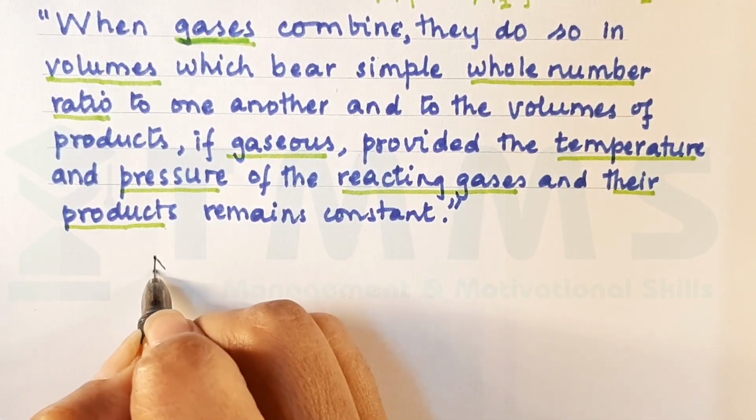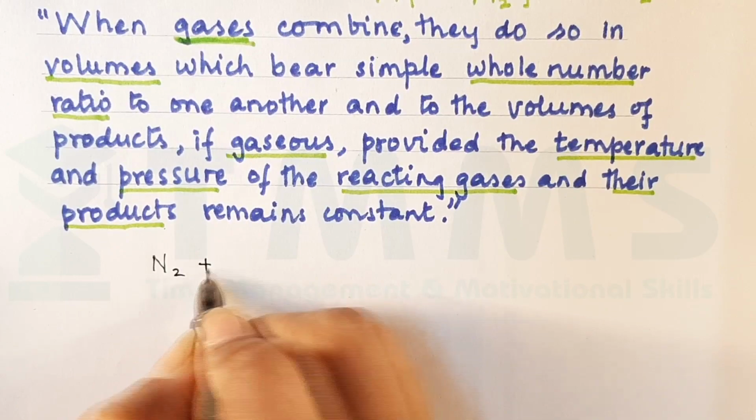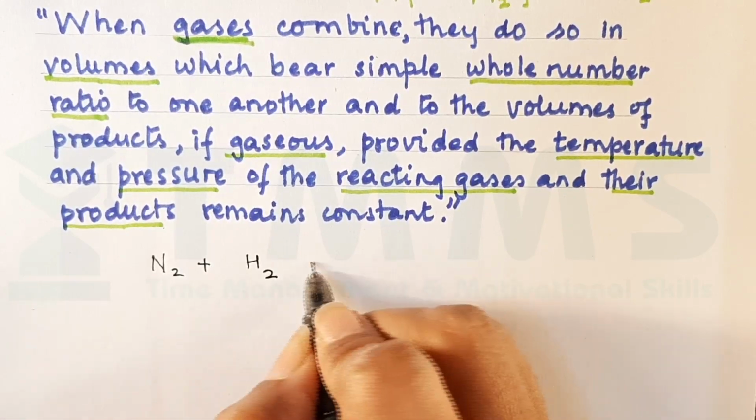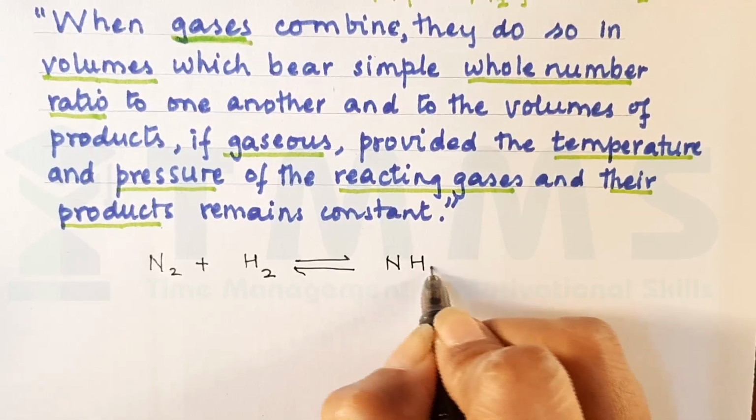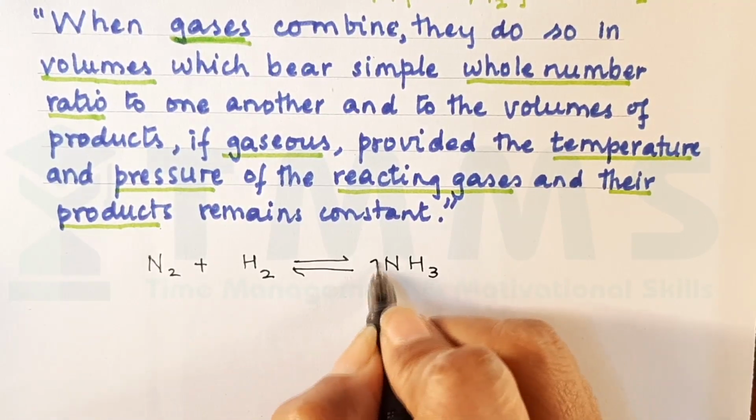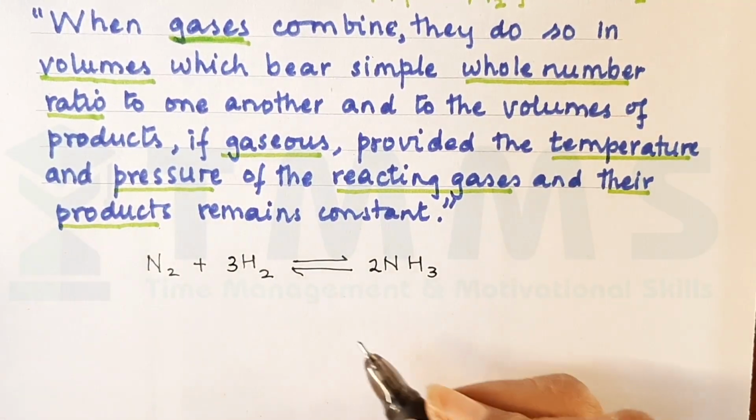So let us say we have nitrogen and it is combined with hydrogen and it is going to give us ammonia gas, and the balanced reaction looks like this.